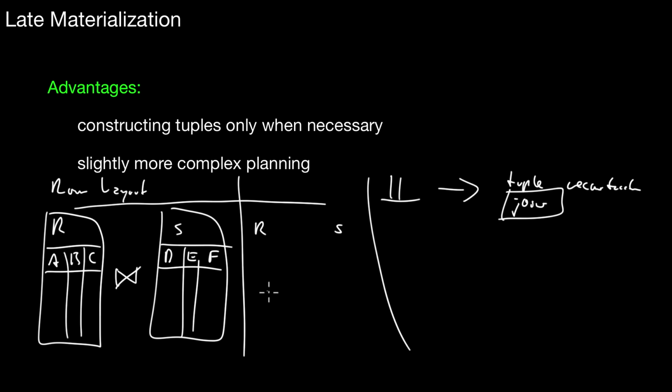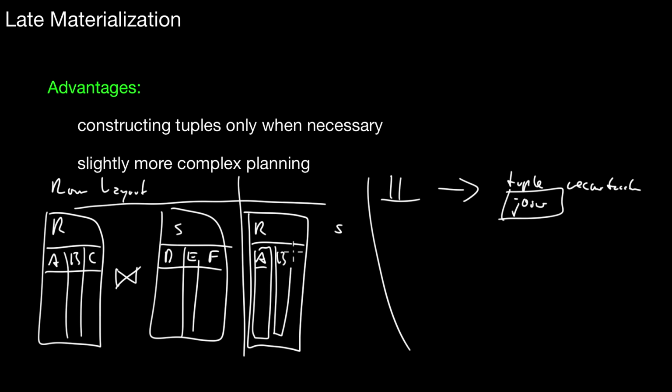However, if it's in column layout, we have different substructures for that. So just for R, we have, if you wish, 3 tables. We have an A table, we have a B table, and we have a C table. And they are separate structures, even though, of course, logically they contain the same rows.